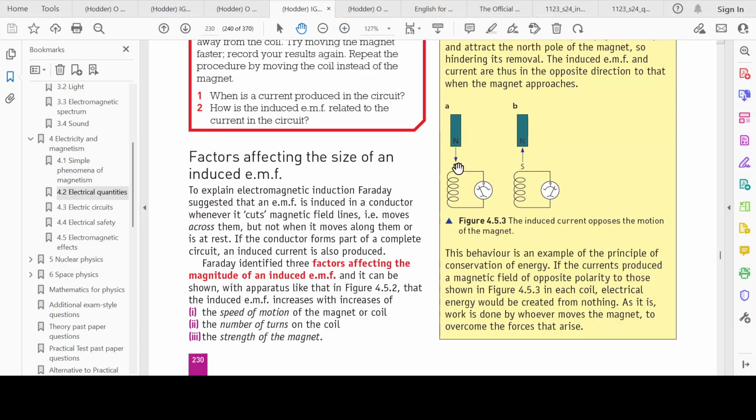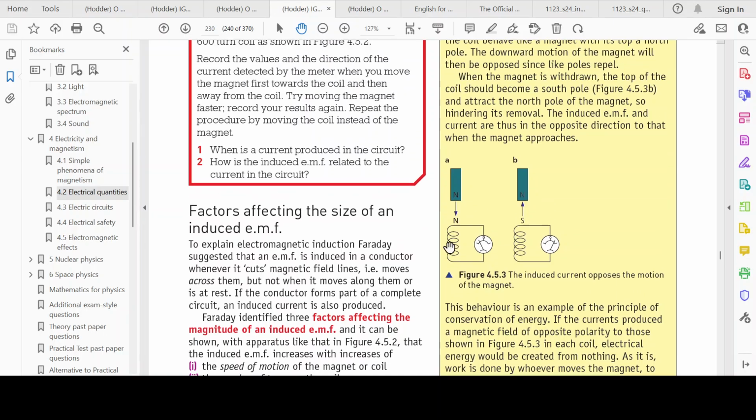When you're moving it towards the coil and electricity is being generated in the coil, how will it oppose the magnet coming closer? The North Pole is coming closer first, so the direction of the current is going to be such that a North Pole is going to develop over here, that's going to repel the North Pole of the magnet, so it's opposing the change.